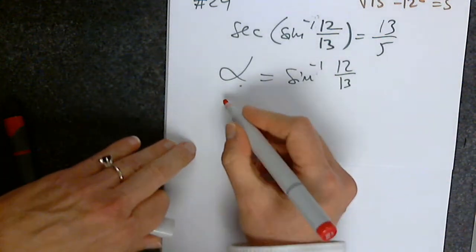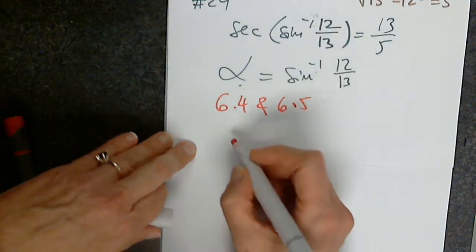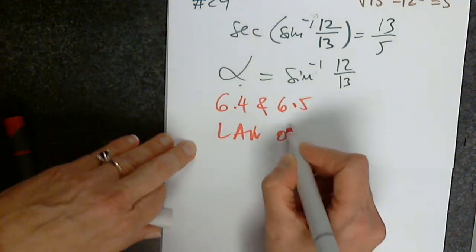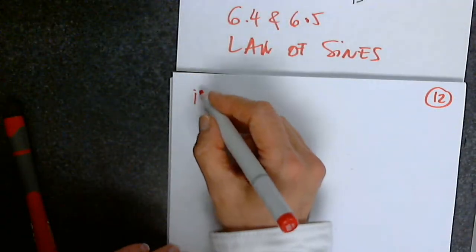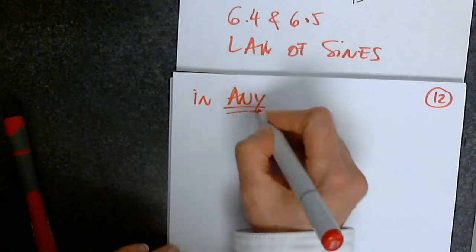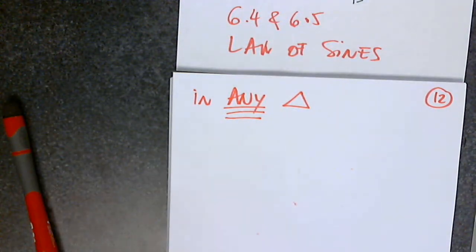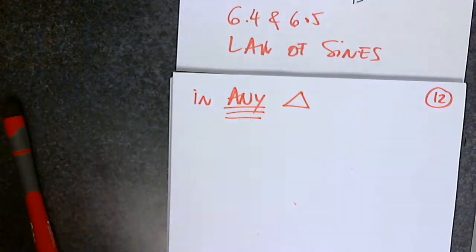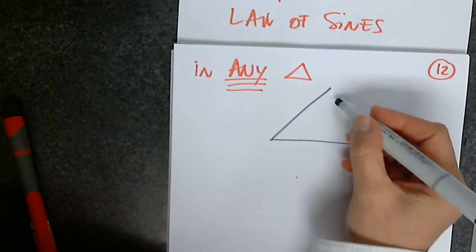6.4 and 6.5 together. These are two laws. Law of sines first. In any triangle, not right triangle, in any triangle, we can write the following theorem. Here's a triangle.